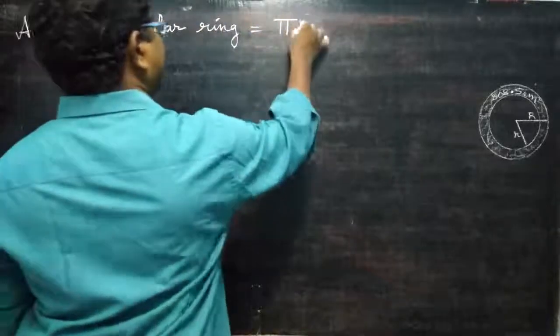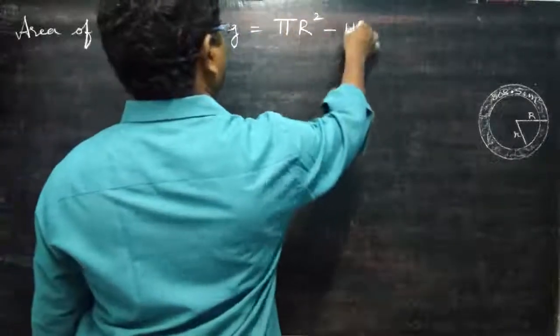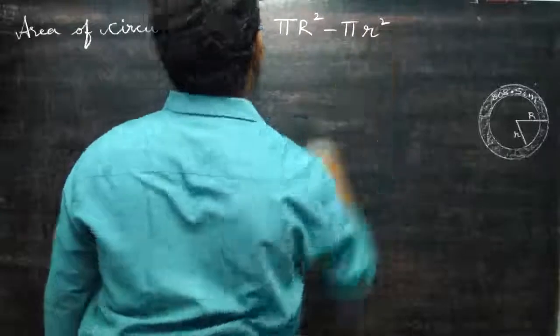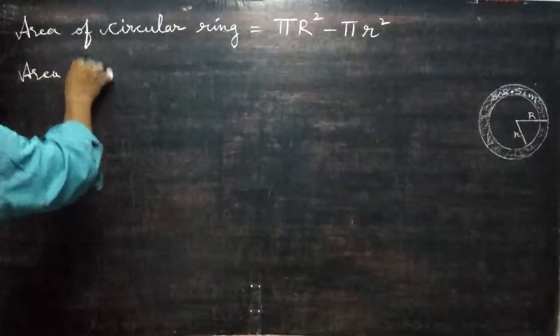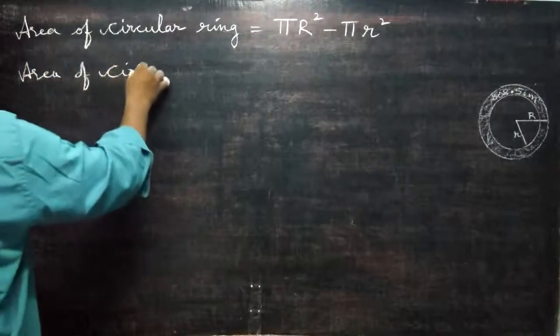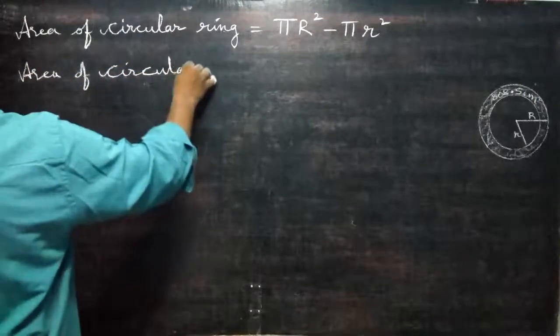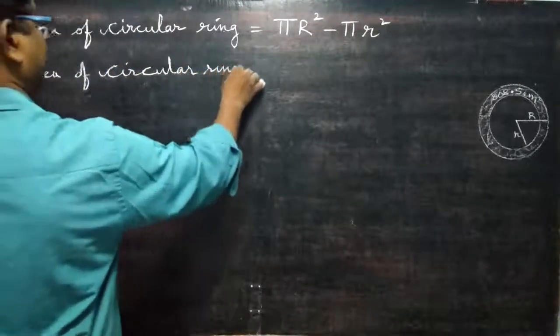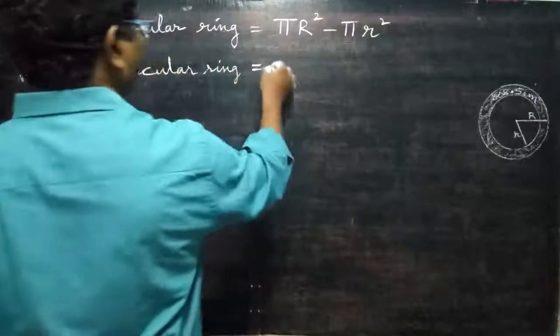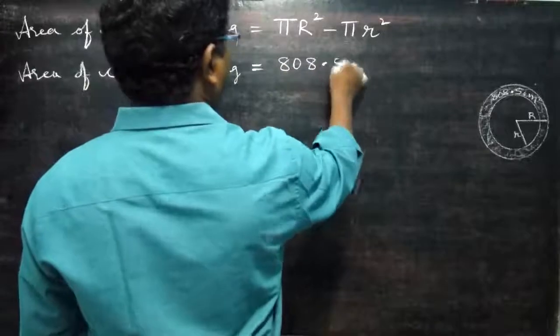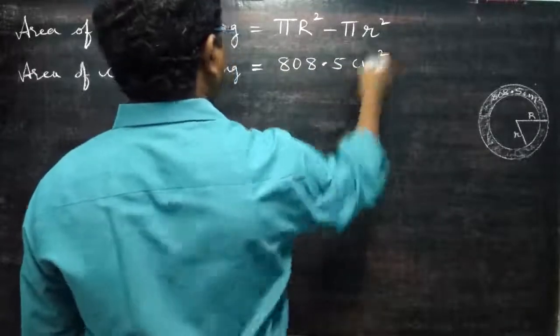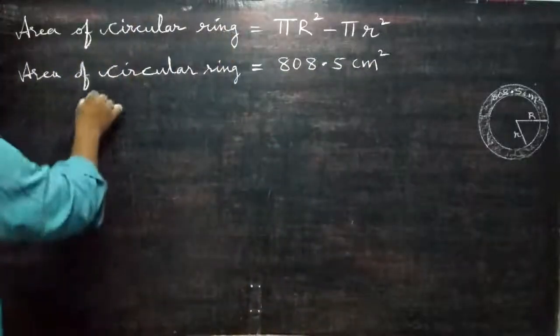Means pi capital R square minus pi small r square. But they have given the area of circular ring is equal to 808.5 centimeters square. Now we are comparing.